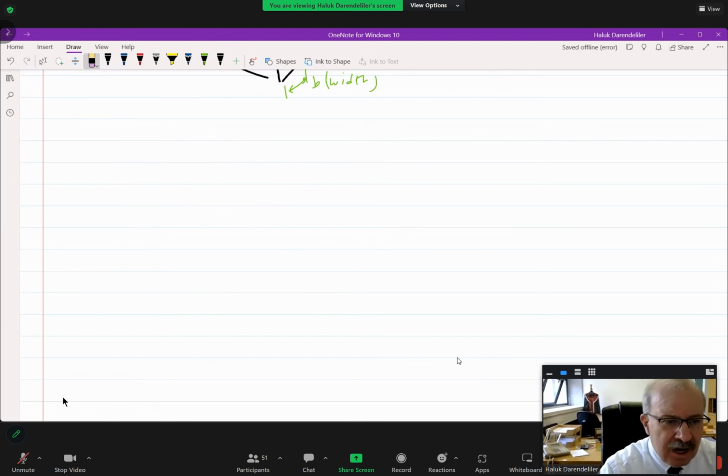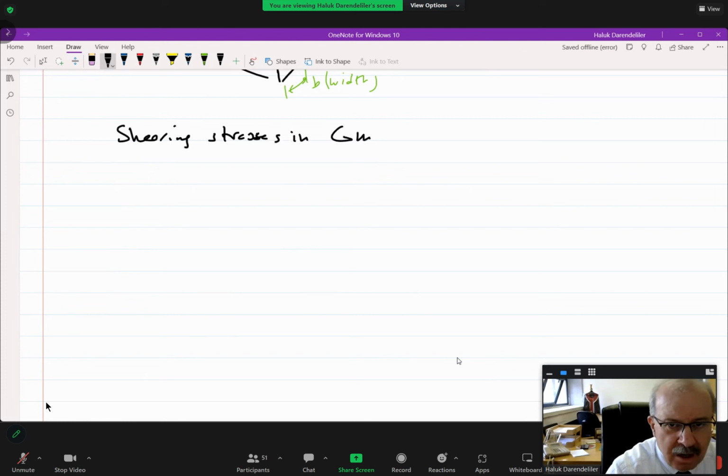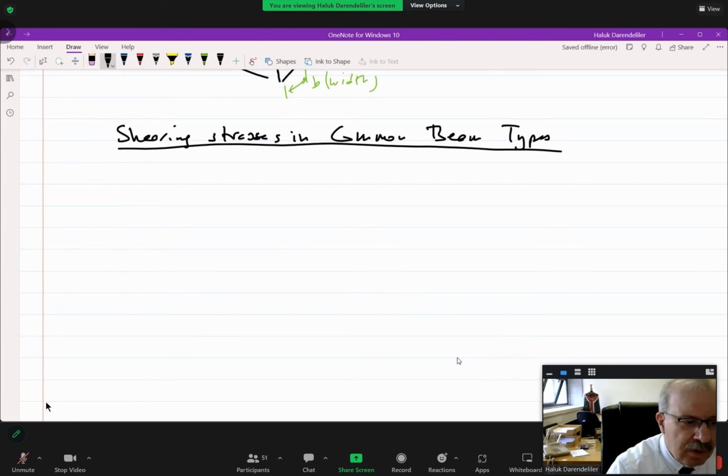Maybe we can start with shearing stresses in common types of beams. So, shearing stresses, follow this carefully, please, in common beam types. Now, maybe an example of this, general I-beams are used, but we may start with a rectangular beam.